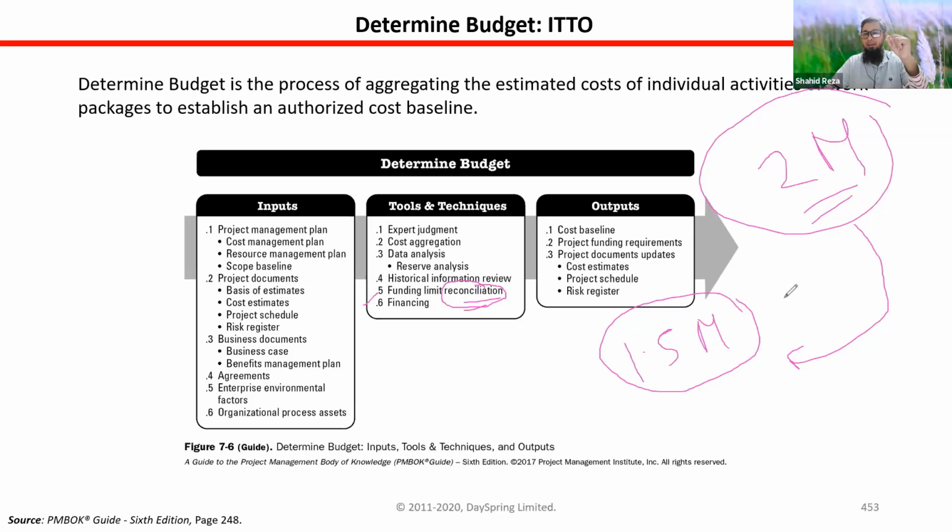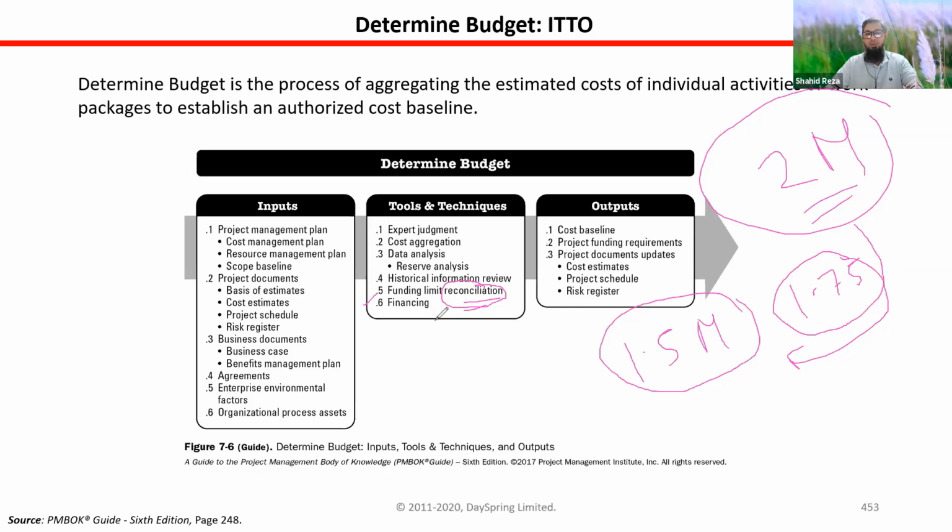Maybe you reduce some part, use some technique, or change some quality criteria, material or resource. You make the budget $1.7 million. And if management approves, then this is the reconciled figure for your project.